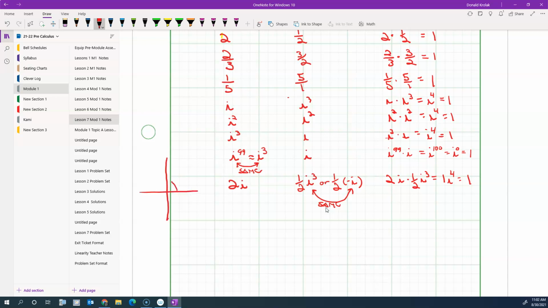Okay, here's i to the third, and its value right there, that's negative i. i to the third is negative i.